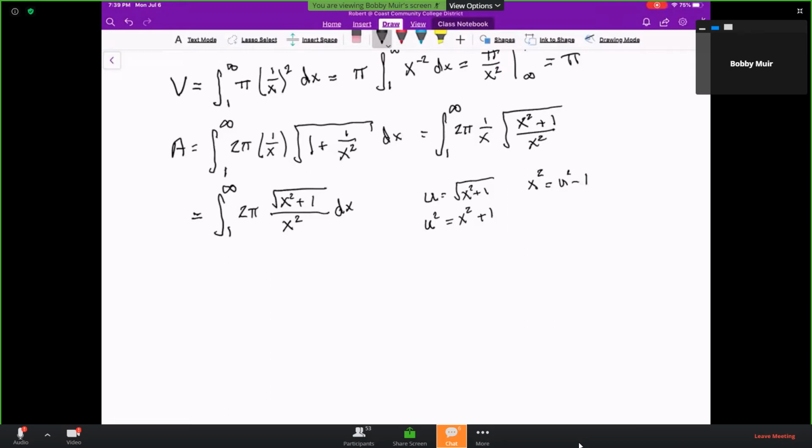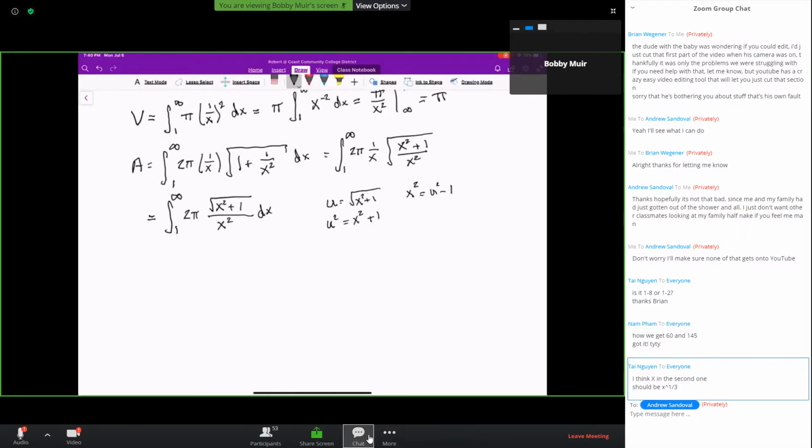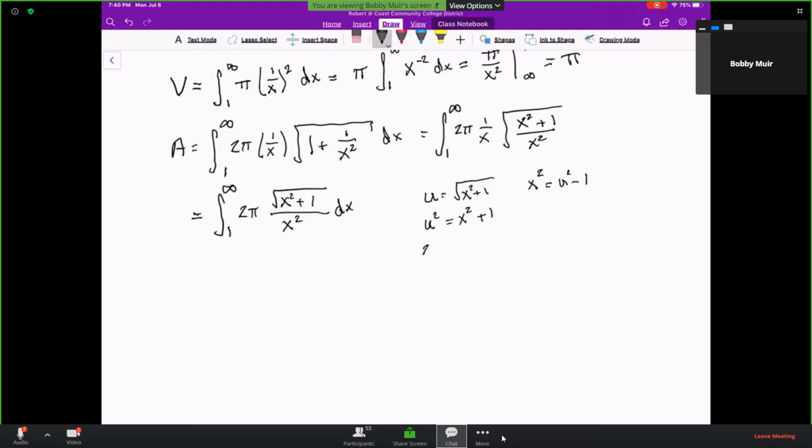So that would be the square root of u divided by u squared minus 1. And then here's the problem. 2u du equals 2x dx, or u du equals x dx. Now we don't have x. We would have to solve for it from here, but because it's x squared, it's going to be a problem.